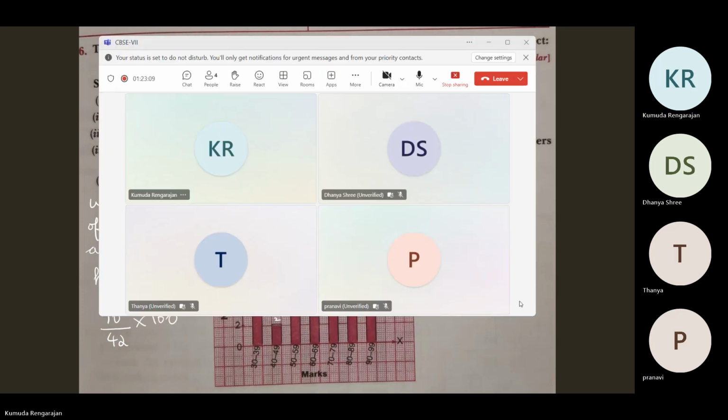Pranava, what happened? When did you join? Recently I joined, ma'am. Okay, I'm sorry. I understand the frustration when you're not able to join the class. But I was just telling the others that the lobby is always enabled. I don't have to admit anybody. You just tap on the link and you will come into the meeting. Ma'am, it showed that they're not allowing me to join.